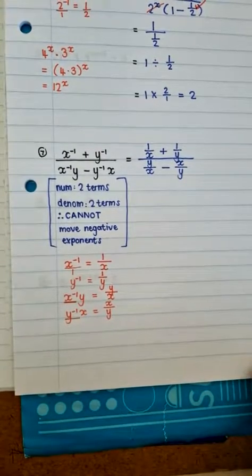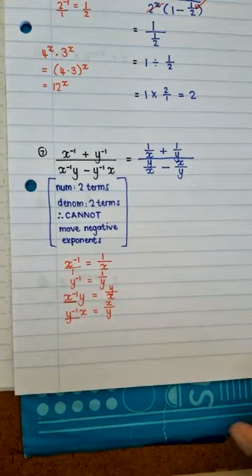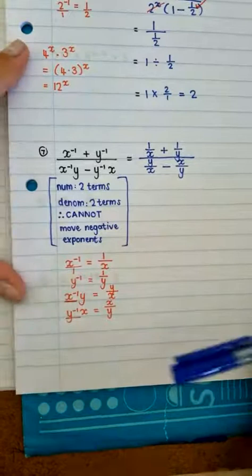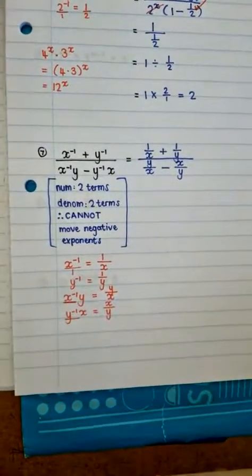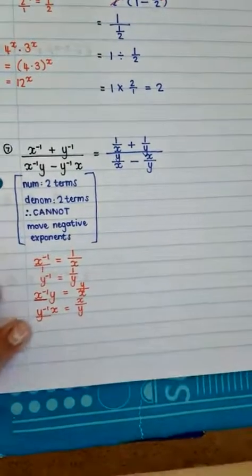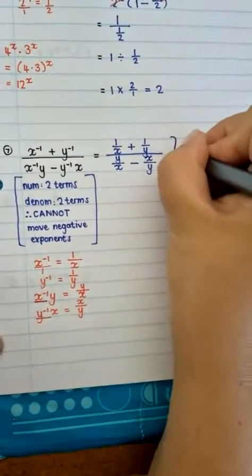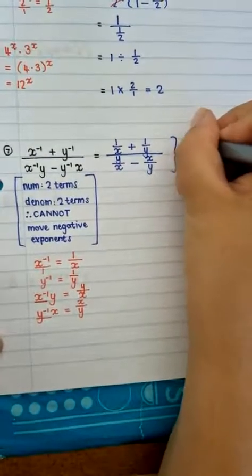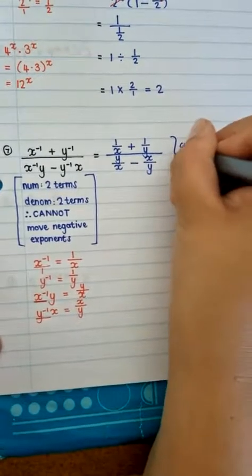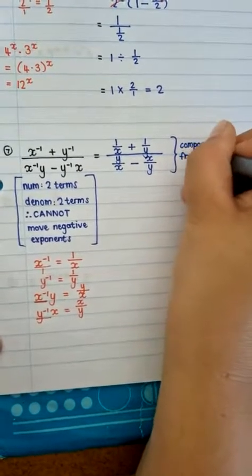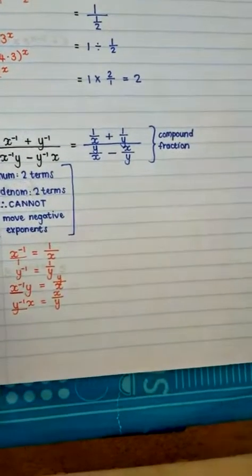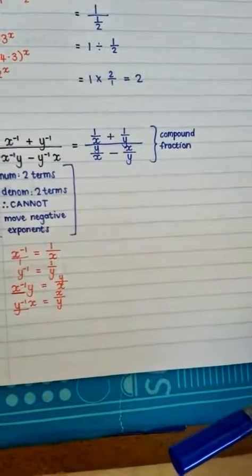Okay, now this looks very complicated because we have fractions within a fraction, okay, which is not great. Now we call this a compound fraction. I'm going to move it up a bit because I want to write on the side there. Okay, this is called a compound fraction, right, because we have fractions within the fraction.